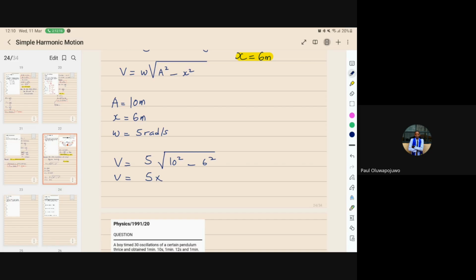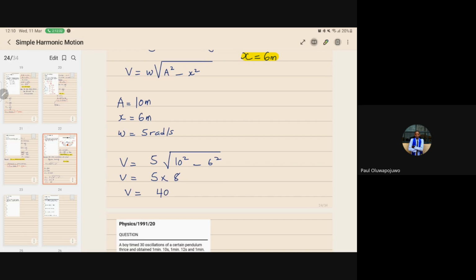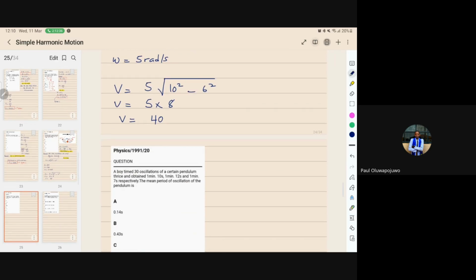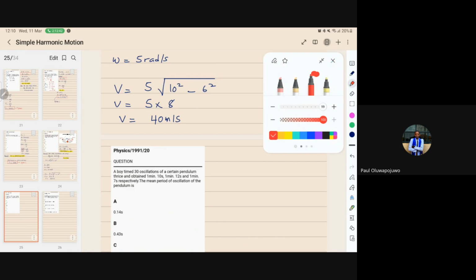That's 5 root 64. 100 minus 36 is 64, so that will give us 5 times 8. So v is equal to 5 times 8, which gives us 40. What's the unit? 40 meters per second. So that means we have our answer right here.